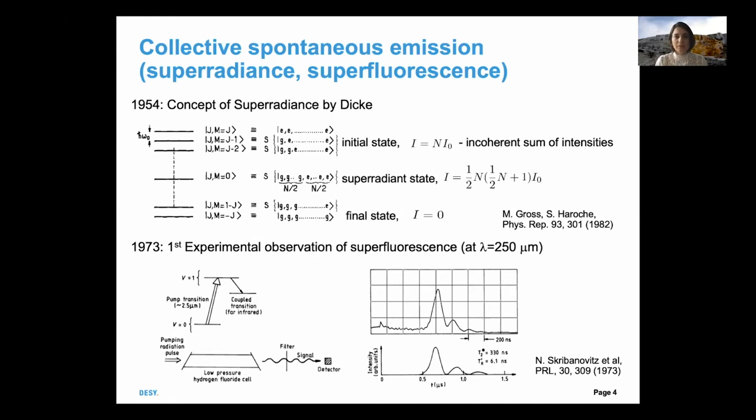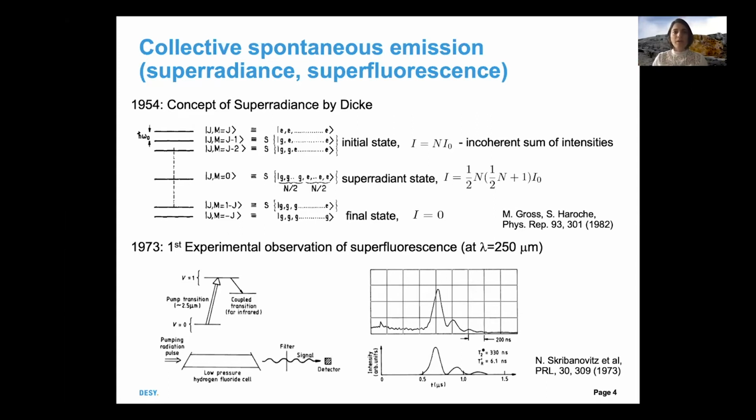And he showed by an angular momentum algebra, to which these highly symmetric decay states can be mapped, that the emission characteristics of this ensemble is very different to the usual Wigner-Weisskopf decay, so this exponential decay and emission characteristics.